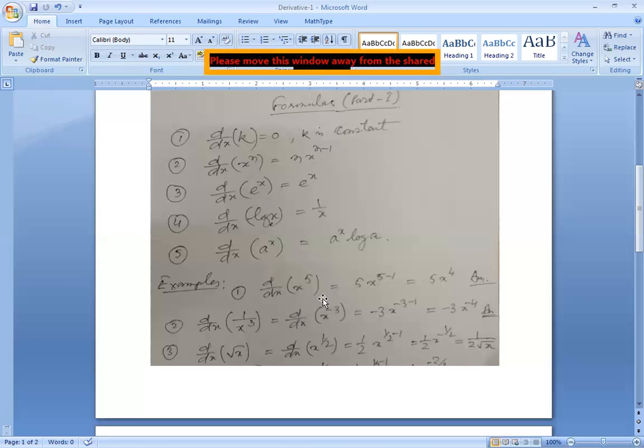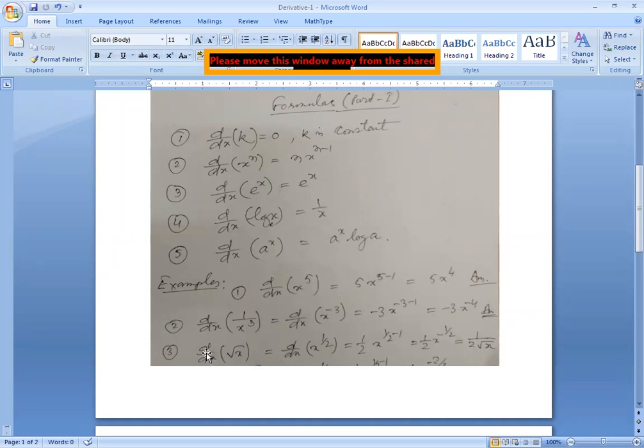As per the formula, n into x to the power n minus 1. N means here minus 3, not only 3, minus 3. So n is replaced by minus 3, and the result we got is minus 3 into x to the power minus 4, since minus 3 minus 1 means minus 4.